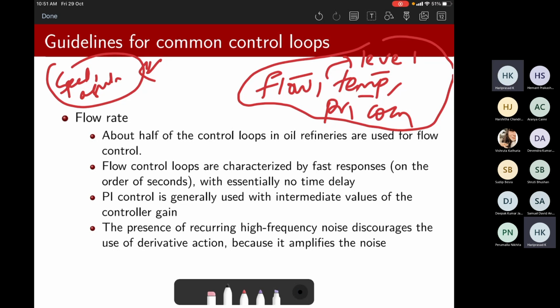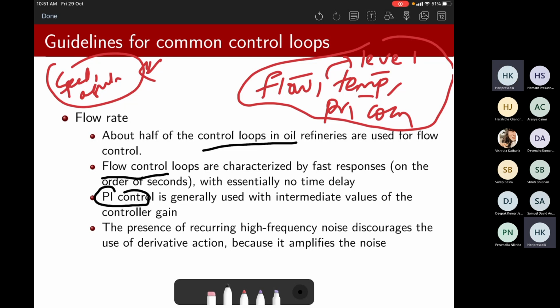And why we need to specifically look at them: as I told you, most of the control loops that you see in any refinery are flow control. Flow controls generally yield a fast response. If you change the flow, it immediately affects the output. So generally PI controllers are used for flow control.